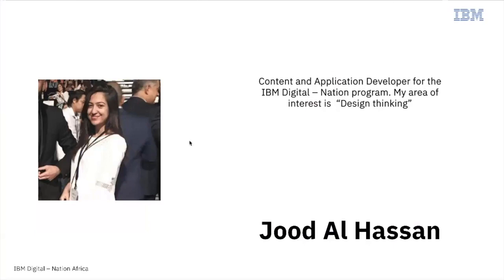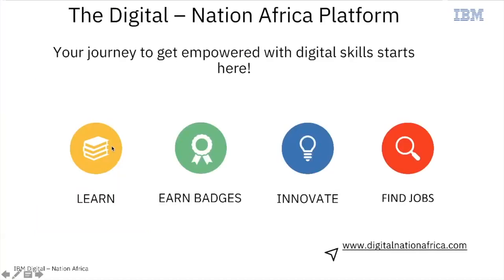The IBM Digital Nation Africa platform has 4 major parts, which are learn, earn badges, innovate, and find jobs. Learn is the platform offering a wide range of courses and tools to help you learn about the latest emerging technologies, trends, and explore new opportunities in the real world.